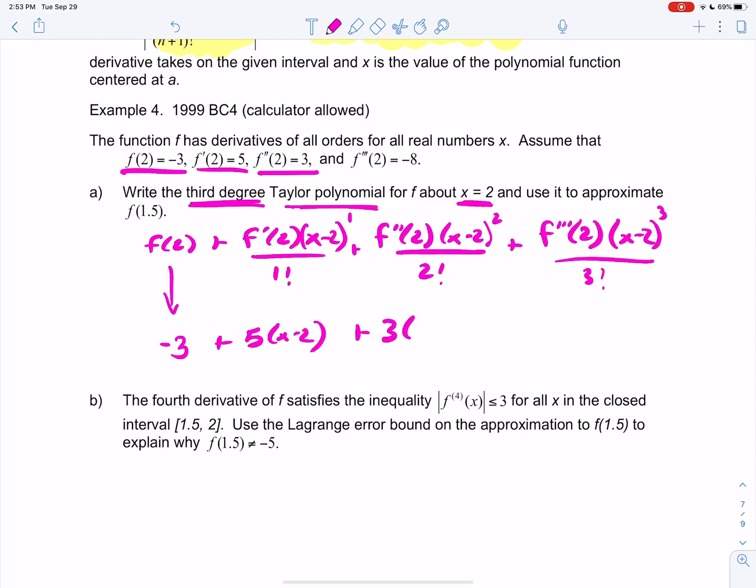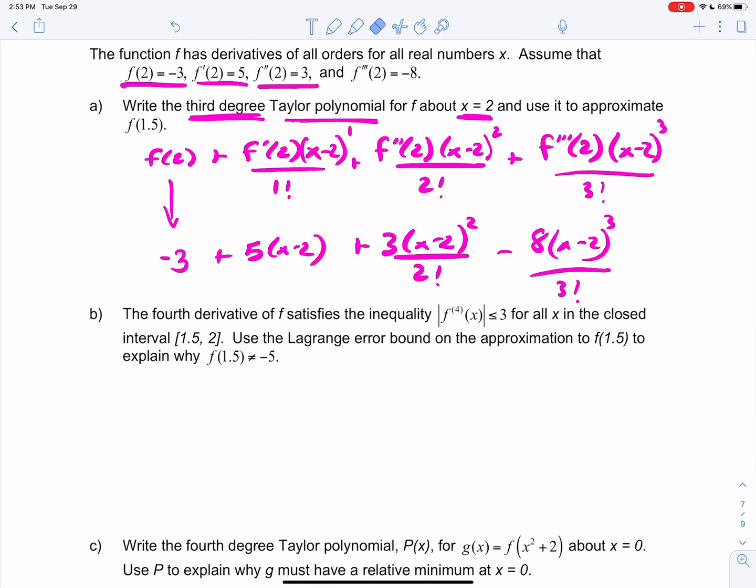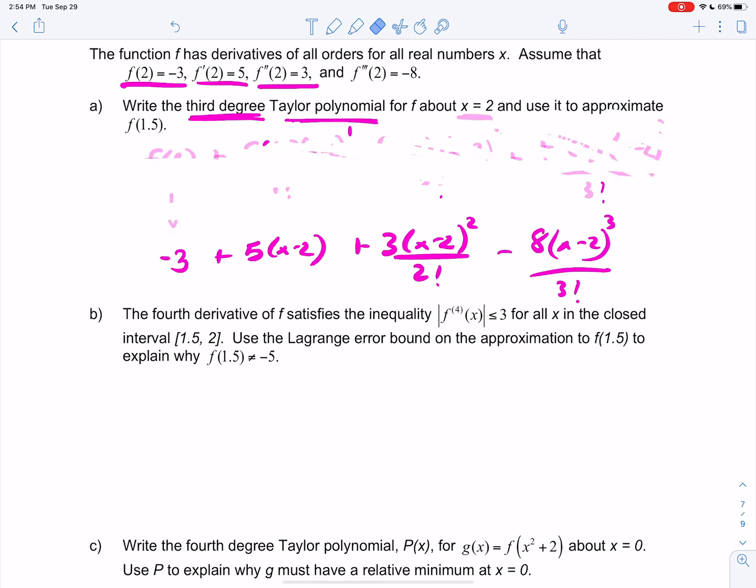Plus 3(x minus 2) squared over 2 factorial minus 8(x minus 2) to the third over 3 factorial. Okay, so I don't have room, so I'm going to bump this guy up.